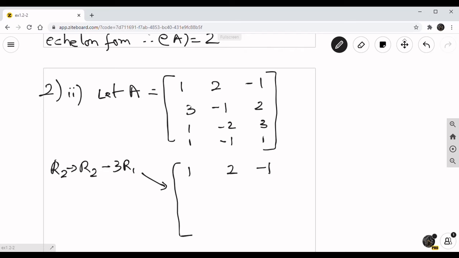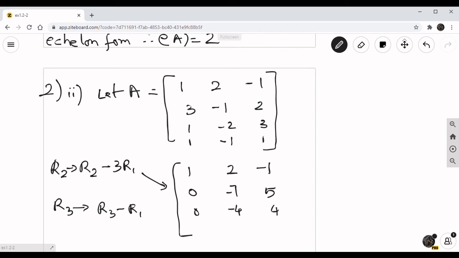3 minus 3 becomes 0. Minus 1 minus 6 becomes minus 7. 2 minus of minus 3 becomes 5. Now row 3 is adjusted as row 3 minus row 1, so this is 0 minus 4.